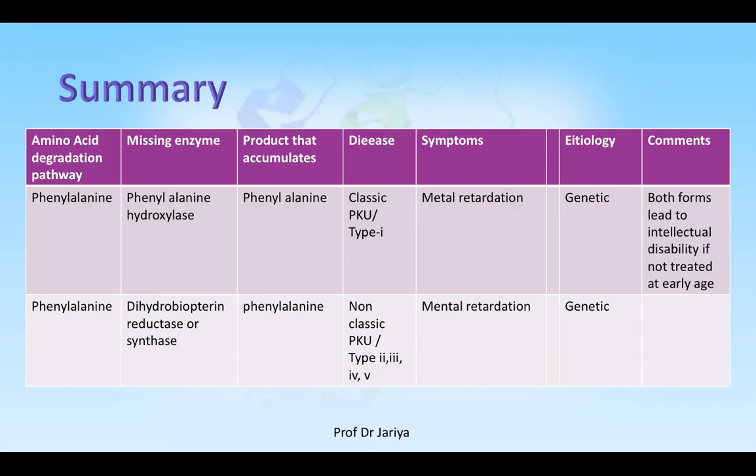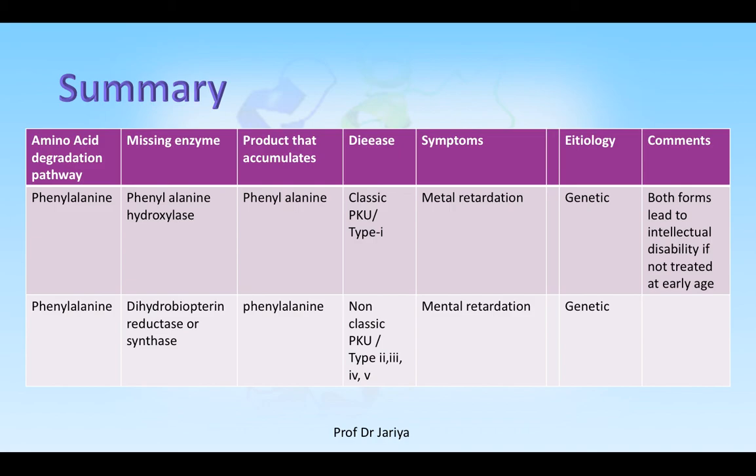To summarize, we can see that the amino acid degradation pathway affected is the phenylalanine degradation. The missing enzyme in case of classic PKU or type 1 PKU is phenylalanine hydroxylase, whereas in case of non-classic PKUs or type 2, 3, 4 and 5, there is deficiency of dihydrobiopterin reductase or synthase.